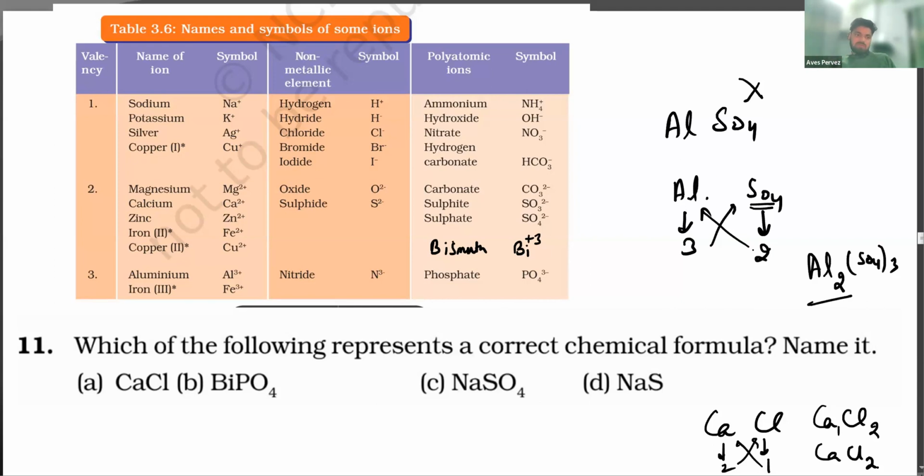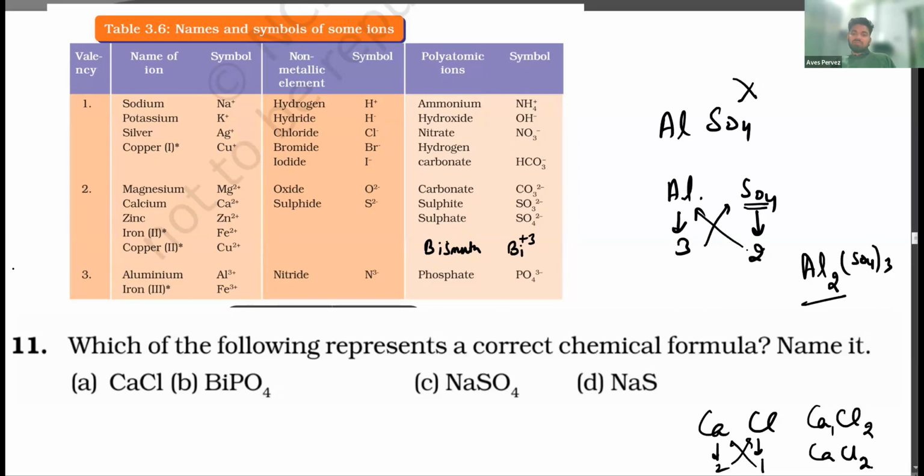No, I don't understand how to do it. Nabila, let me help you. This is Na2S, NaSO4 written here, right? What is the valency of Na? Na is 1. And sulfate SO4 has valency 2. It is the sulfate ion.